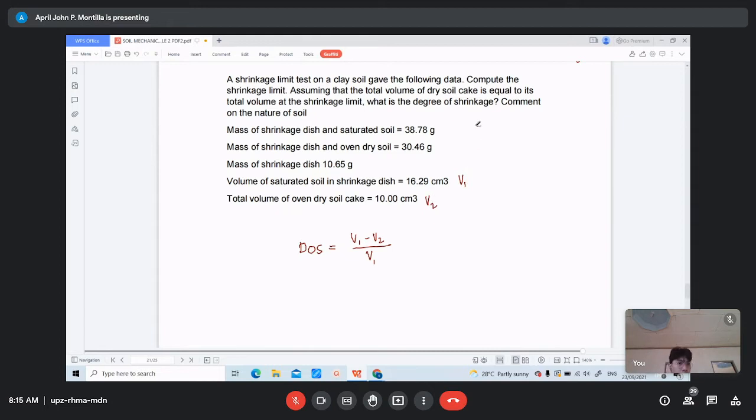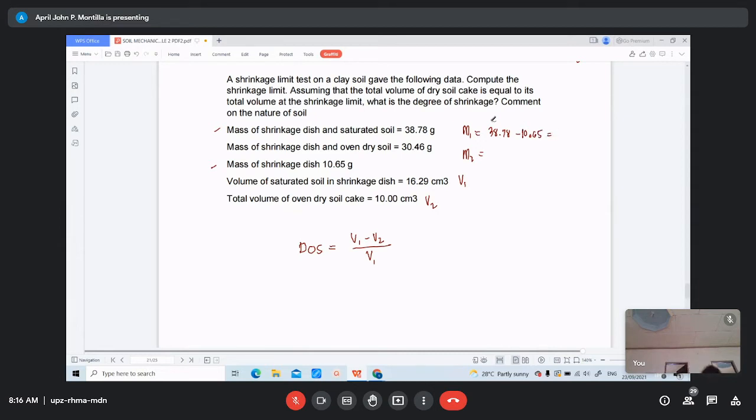No, kailangan lang natin determine si M1, the initial mass of the wet soil. And then yung M2, which is the final mass of the oven dried soil. How can you compute the value of M1? That is first mass parameter and the third mass parameter. No, kailangan nating i-minus yung mass ng shrinkage dish para ma-compute natin yung saturated soil lang. And that saturated soil is the initial mass. So that is 38.78 minus 10.65.